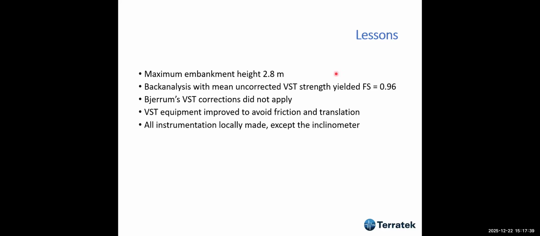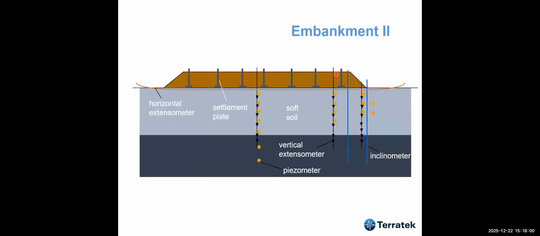We also learned a lot about the instrumentation, which was locally made. I was directly involved in the design, except the inclinometer that we bought from Slope Indicator. All the rest I was involved in directly, and this was my PhD thesis 45 years ago. And then we designed Embankment 2.